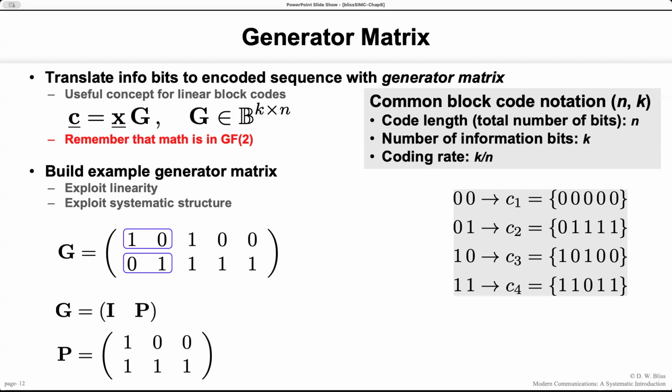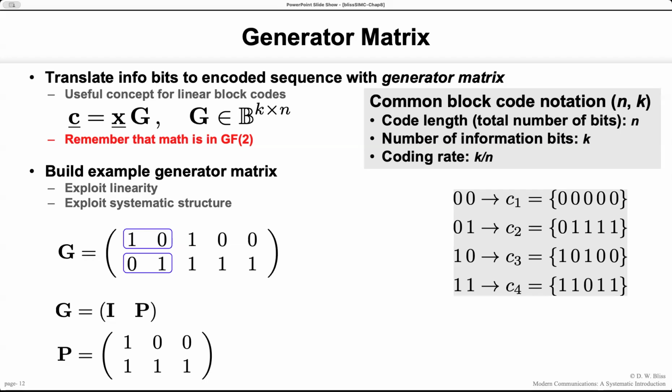And so that row will correspond to that code word. All right. So if the first portion of the generator matrix is the identity matrix, then that's the generator matrix we need to produce all possible code words.